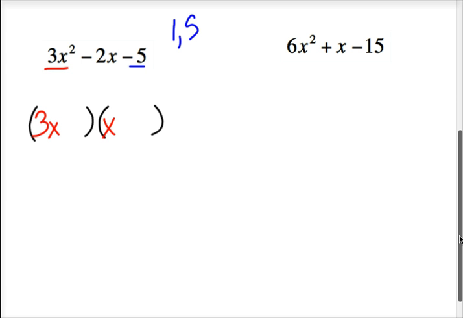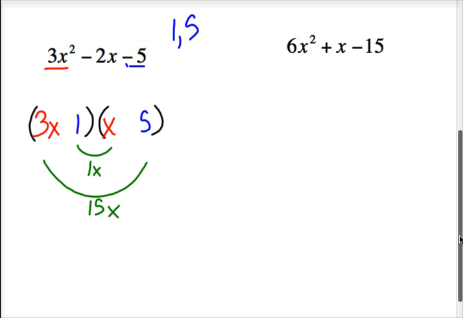Now, recall, we are multiplying to be negative here. Okay, notice that negative sign right there. So what that means is when I'm putting these combinations together, that means that one of my combinations is going to be negative. So when I plug in my 1 and my 5, I look at my connections, 1x and 15x.